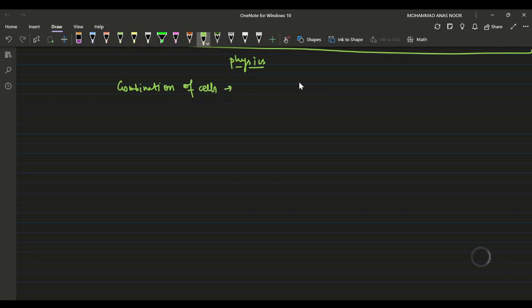Like we have a combination of series where n cells are stacked up in series. These are the batteries or cells and the internal resistance, and then they provide current to a load.